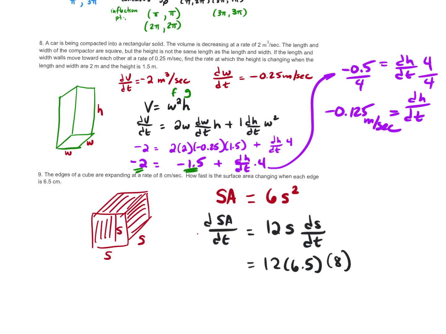So I have 12 times 6.5 times 8, and that's going to give me 624. And our unit's going to be square centimeters per second, because it's area, so it's got to be squared units.